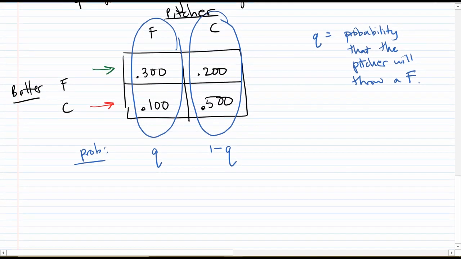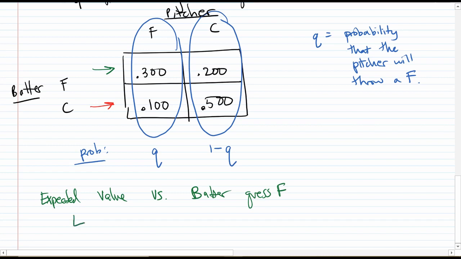Now, how are we going to find out what the best probability is? Well, just like before, we need to test it versus the batter's 2 strategies. So we want the expected value versus the batter guessing fastball.